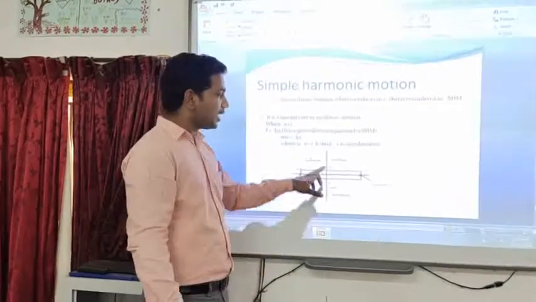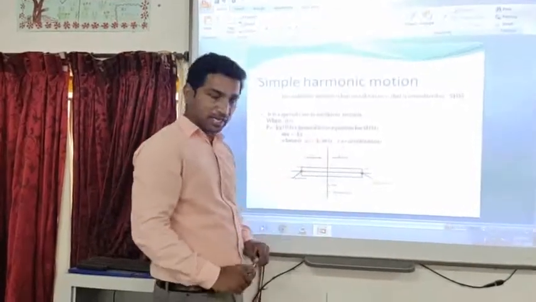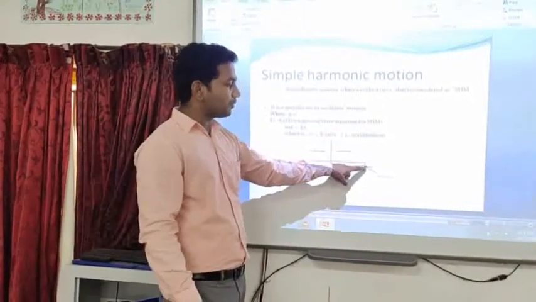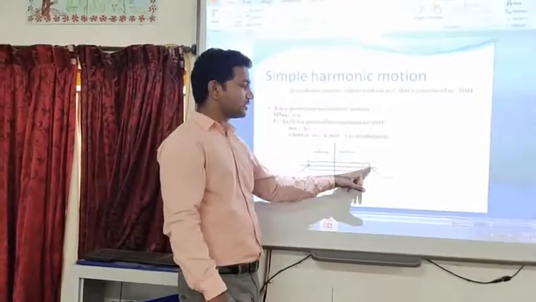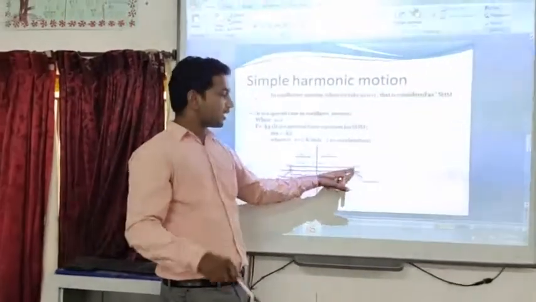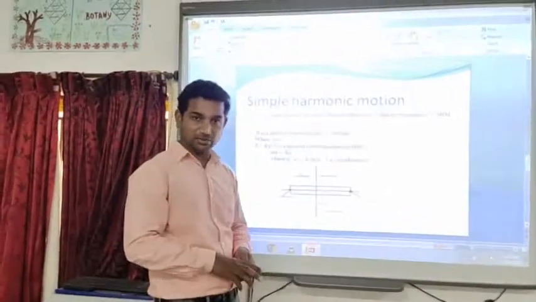Now consider an object making simple harmonic motion that starts from this position. When it starts, I am taking its velocity as v equals 0.